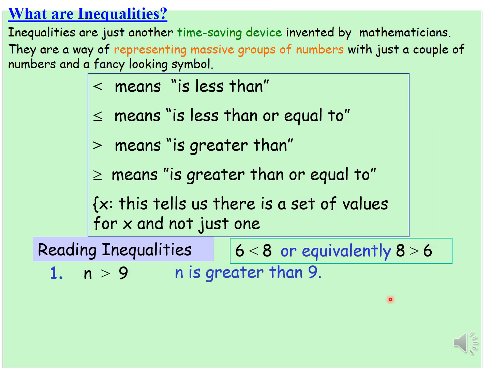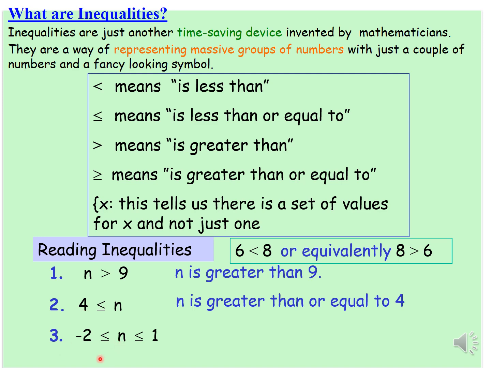Okay, so this one, n is greater than 9. 4 is less than or equal to n, or you could say n is greater than or equal to 4. But usually we read from the left: 4 is less than or equal to n. If you decide to read from right to left, you can say n is greater than or equal to 4.